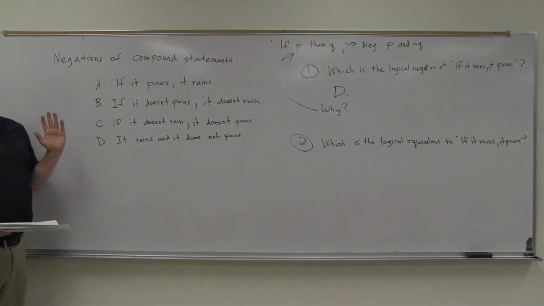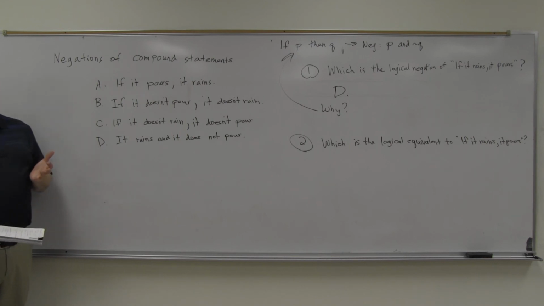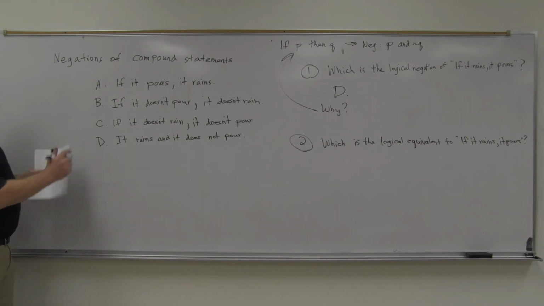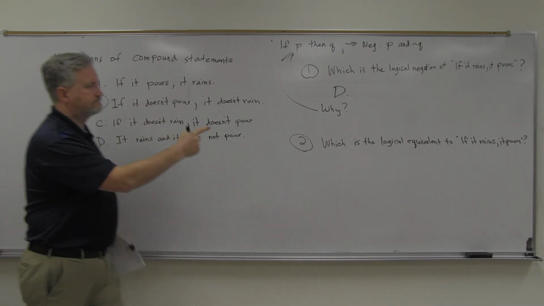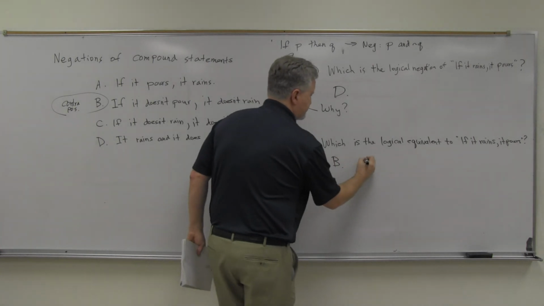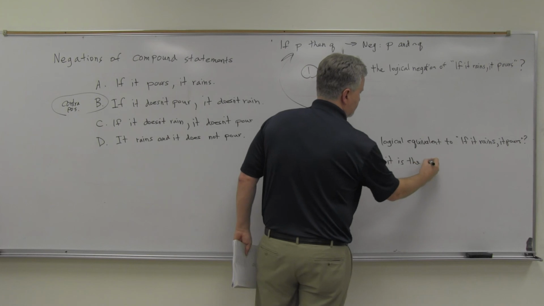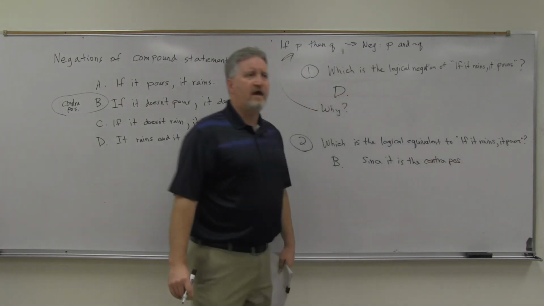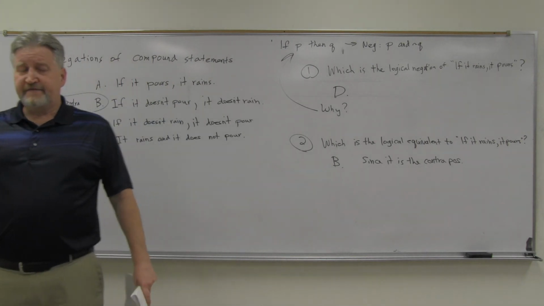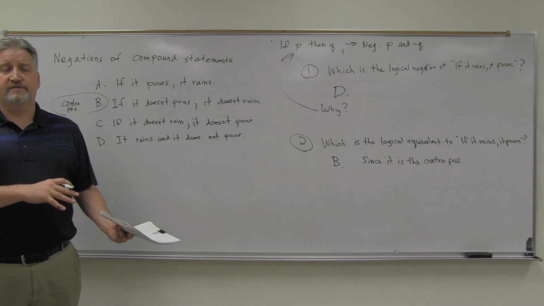So, having said that, remember what we talked about at the very end last time. One of those is logically equivalent. Which one is it? It's the contrapositive, right? Yeah. Let's say B, since it is the contrapositive. If you have an if-then statement, its contrapositive is always logically equivalent to itself.